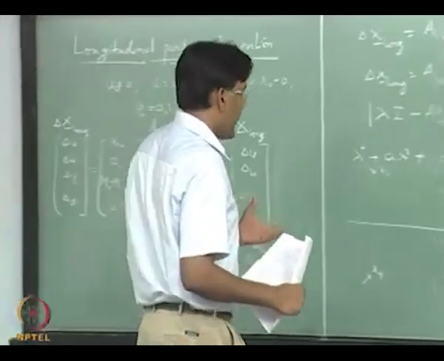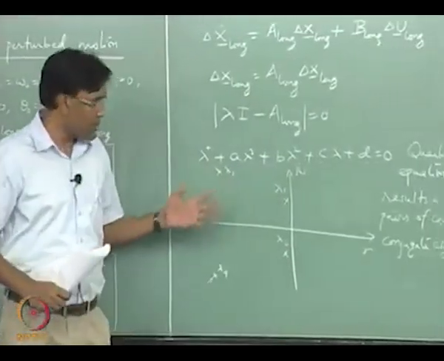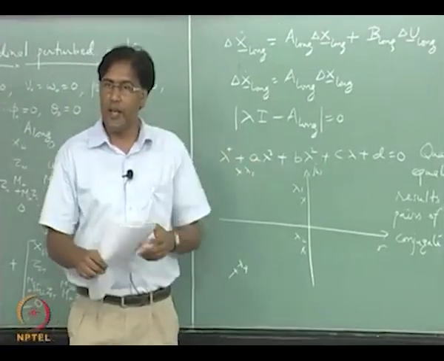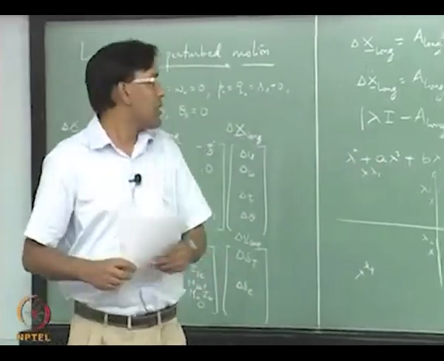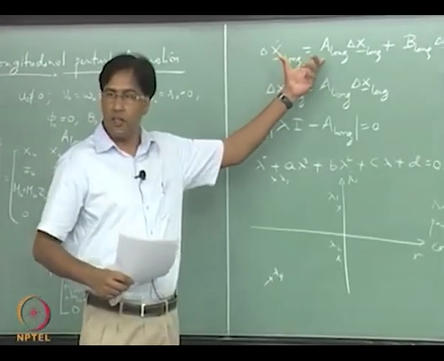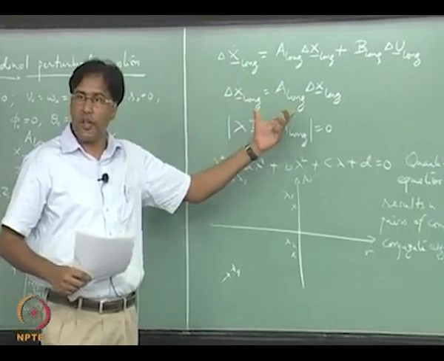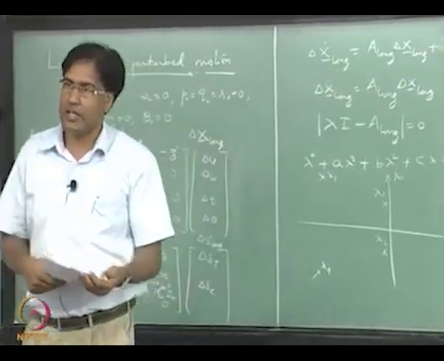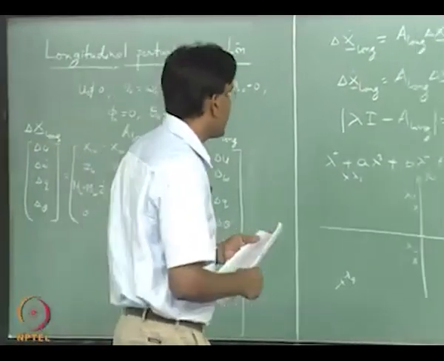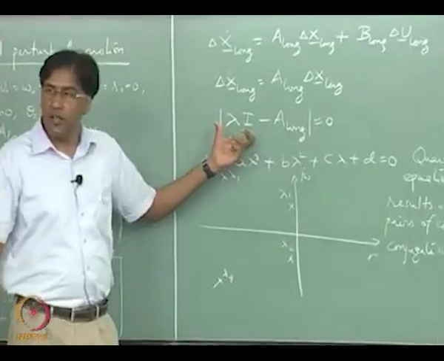We could make some assumptions to simplify this equation further, right. Solving a quadratic is actually a difficult task, it is not an easy task if you want to do it by hand, right.